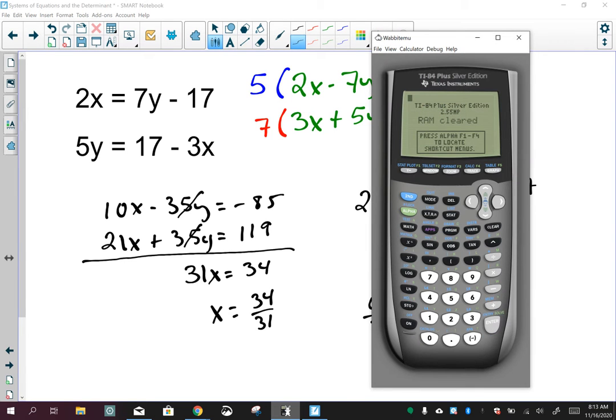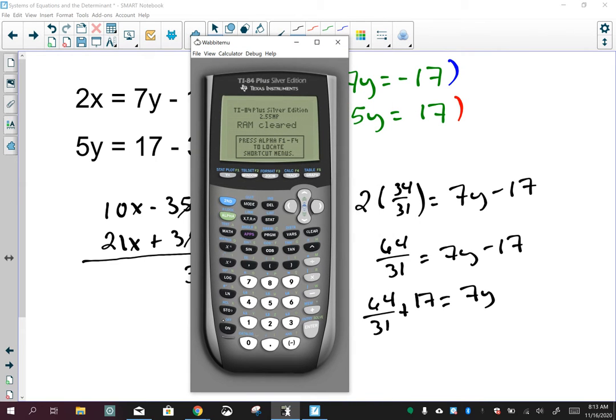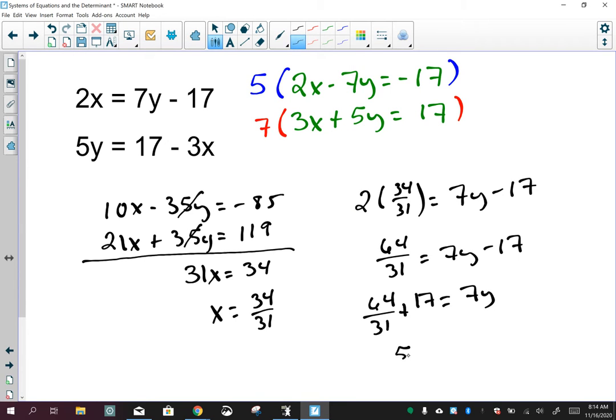So we're going to open up our handy dandy calculator because, oh, look at that. It actually started this time. So let's go alpha y equals 68 over 31 plus 17. So that gives me 591 over 31 is equal to 7y.